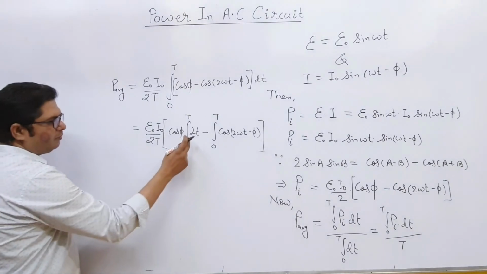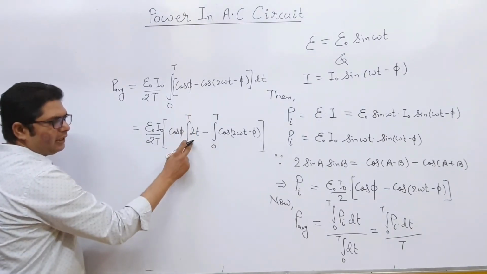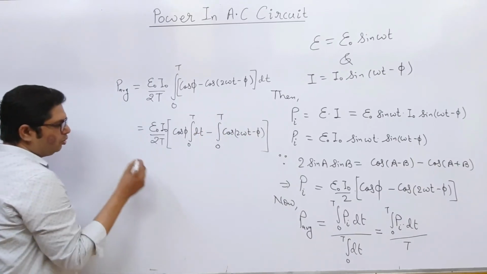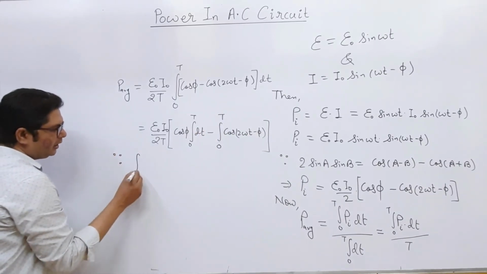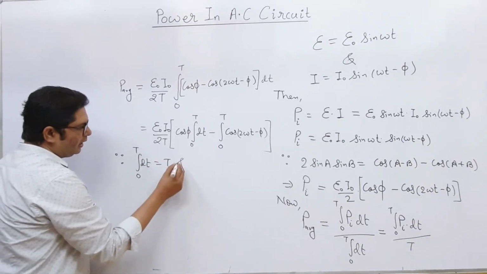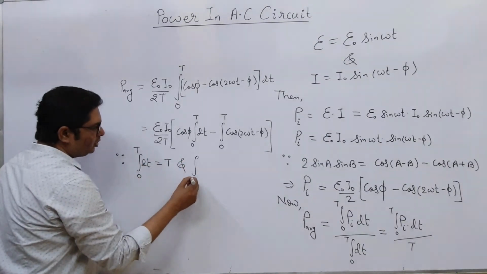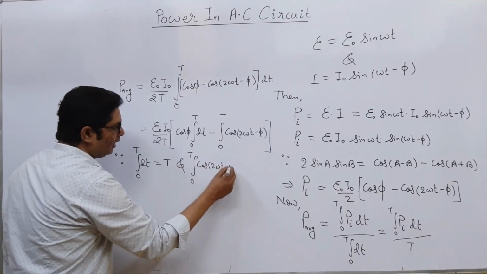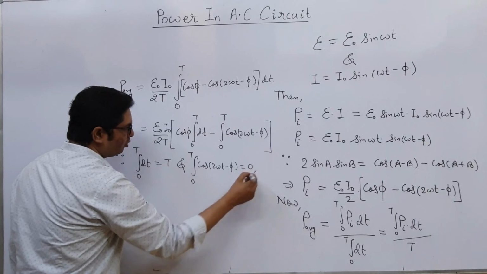We know that the integration of dt from 0 to T is T, and the integration of cos(2 omega t minus phi) from 0 to T is equal to 0.